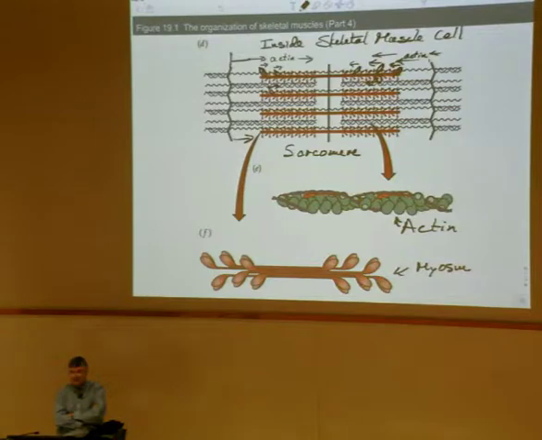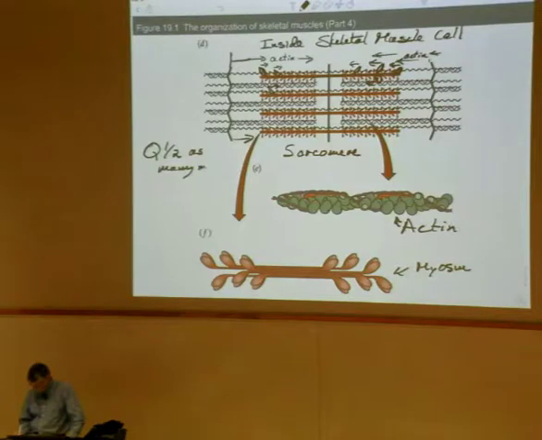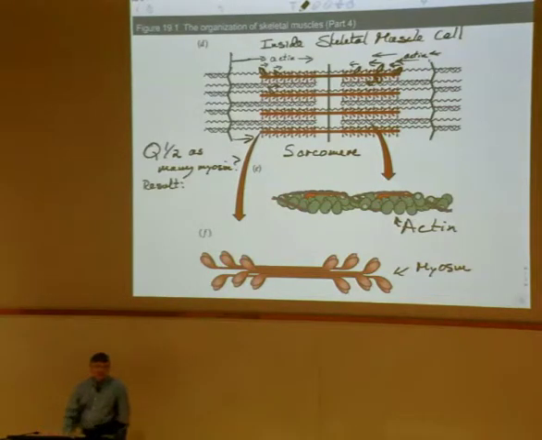So what would be different? So mutation in the regulatory region, you're making less myosin. What would be different?